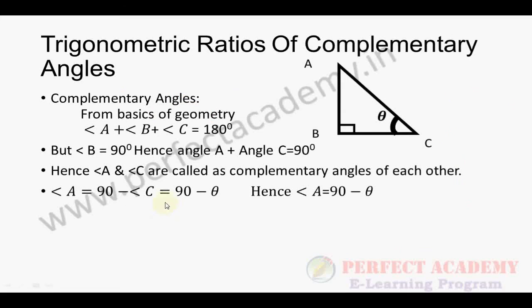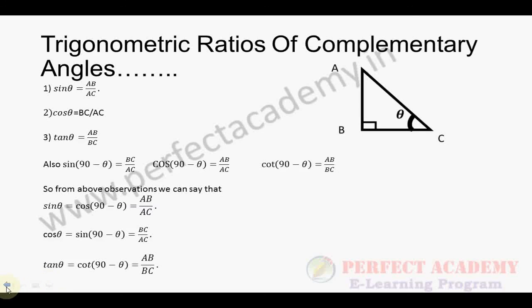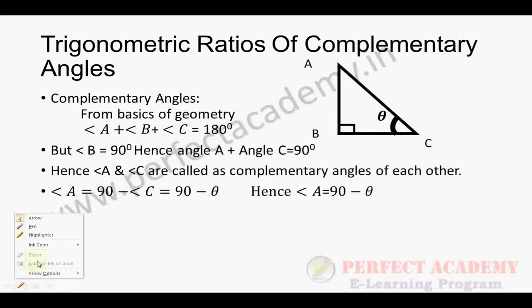Now the next thing is trigonometric ratios of the complementary angle. First of all, we have to understand the concept of complementary angles. Now suppose I have a triangle ABC, then I know angle A plus angle B plus angle C has to be 180 degrees by the basic geometry of a triangle.